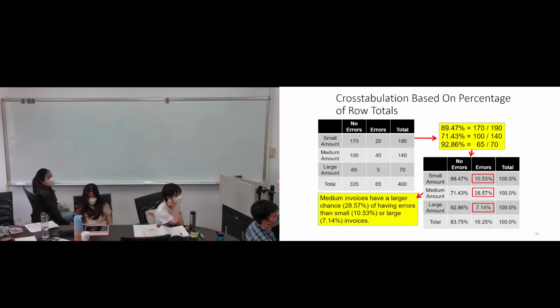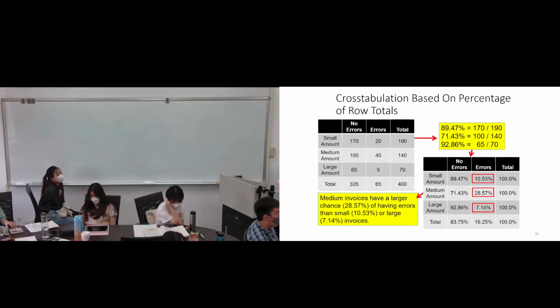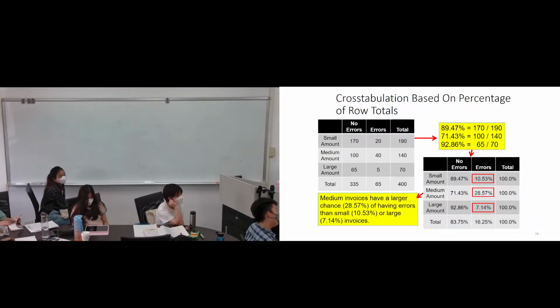So we can compare between the three, and we conclude that the median amount invoices have a larger chance to have errors than the small amount invoices or the large amount invoices. Questions?